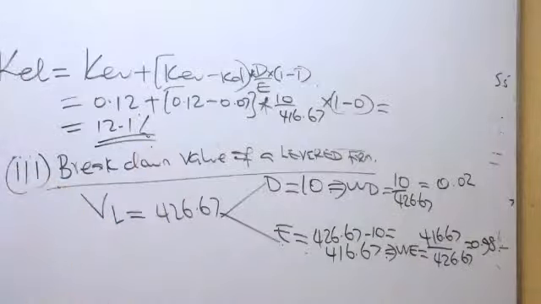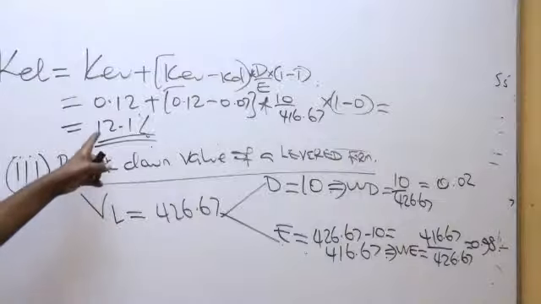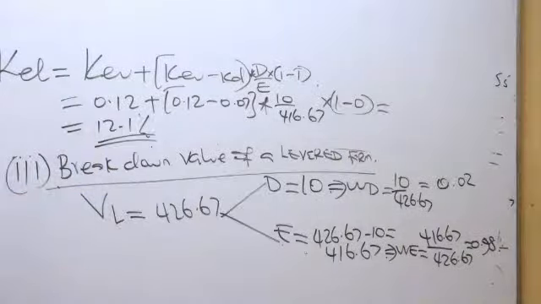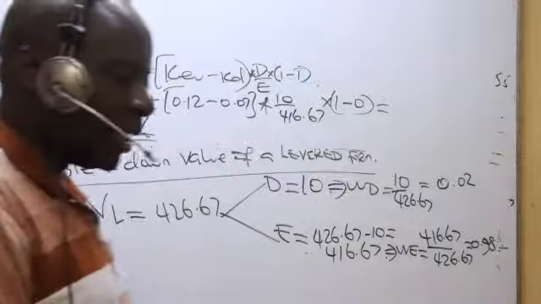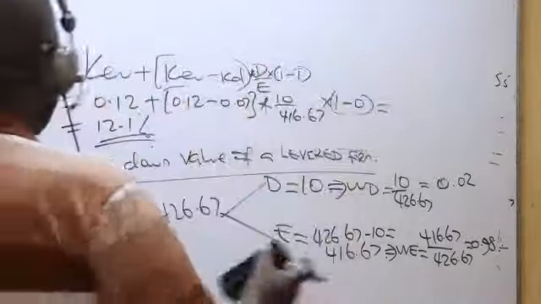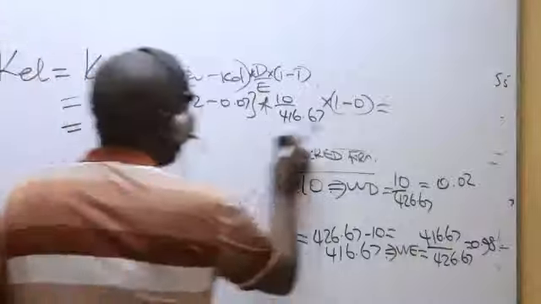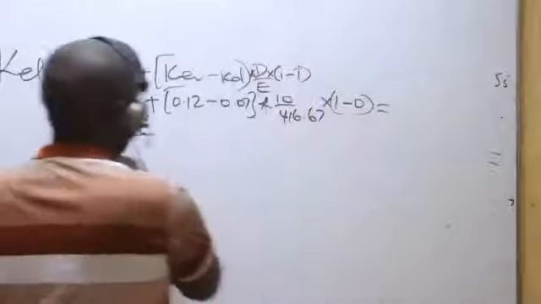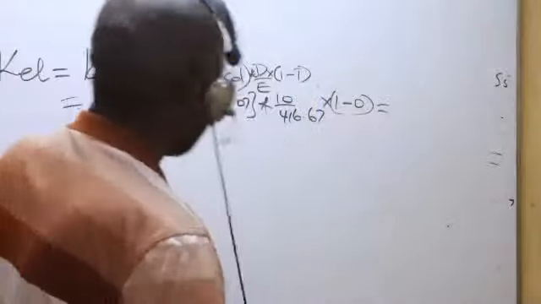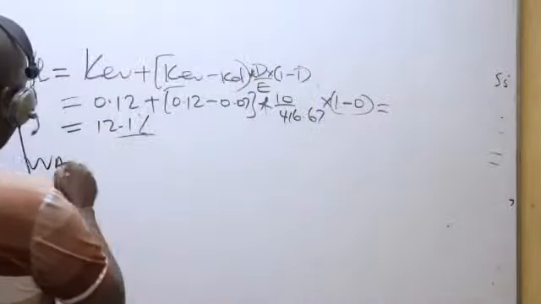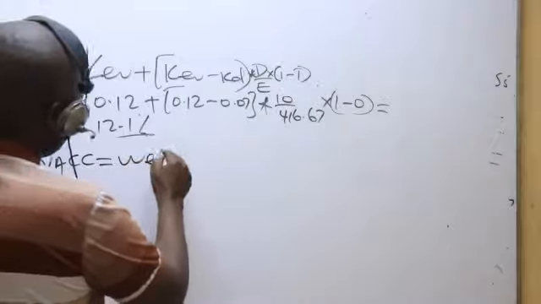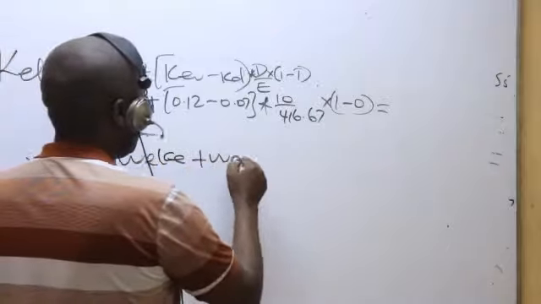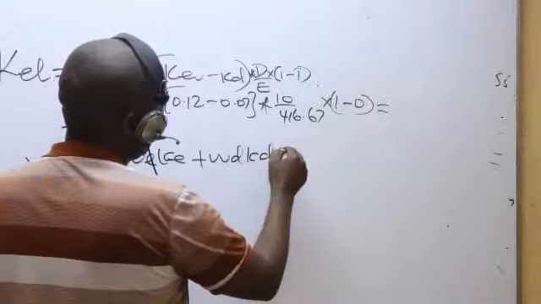So now after that, I know it's about plugging in this value into the WACC formula. So WACC equals weight of equity times cost of equity plus weight of debt times cost of debt after tax.